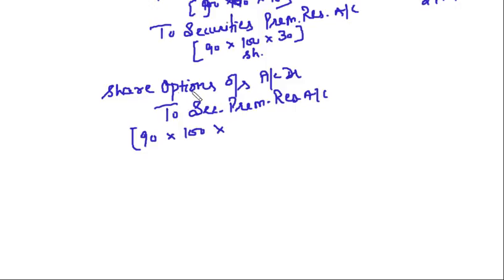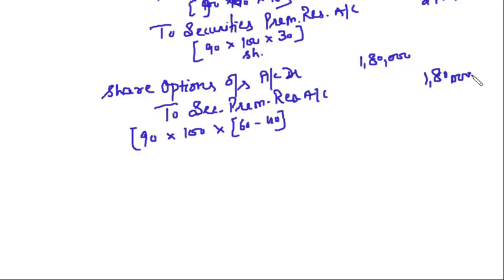Now what is this share option outstanding account credited with? Market value minus the option value, 20 rupees. So this comes to, multiplied by 20, 1,80,000. But your share option outstanding account was credited with 2 lakh rupees, and it has been debited with only 1,80,000. So still this share option outstanding account is not closed.